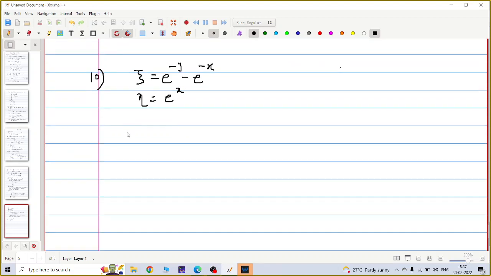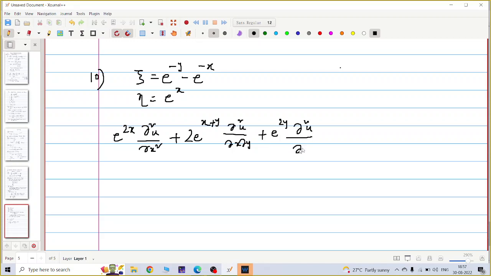The given PDE that you have to change is e power 2x del 2u del x2 plus 2 e power x plus y del 2u del x del y plus e power 2y del 2u del y2 plus e power 2y minus e power x plus y del u del y.